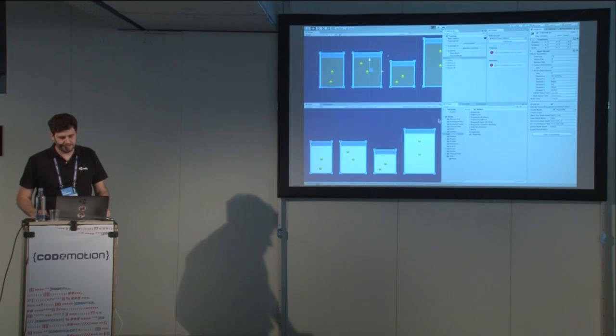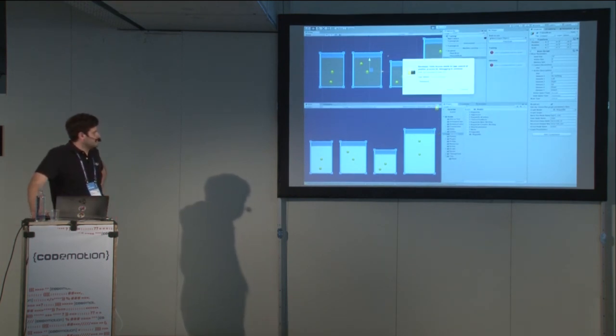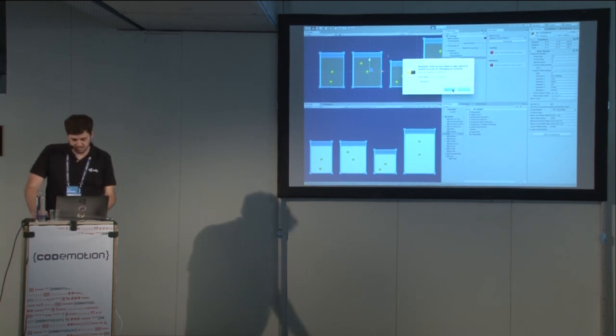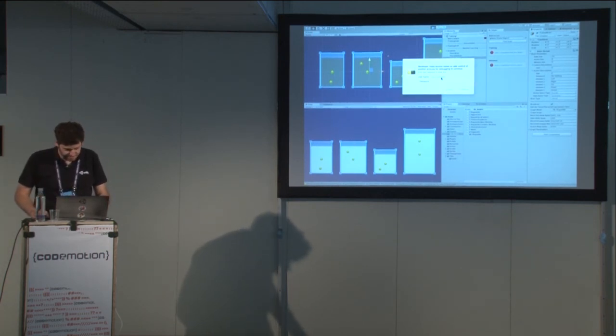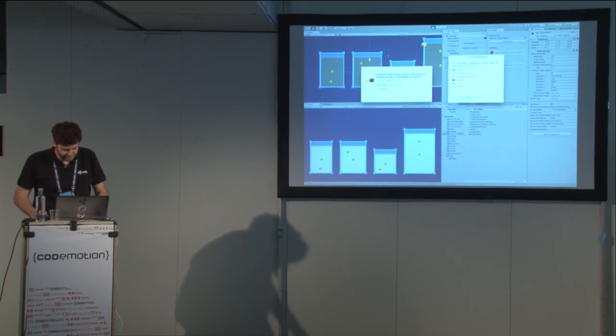And then I can press play, and I'm actually seeing if it doesn't. No. Okay, this is a stupid thing that Unity does sometimes. It's some kind of permission-based thing.